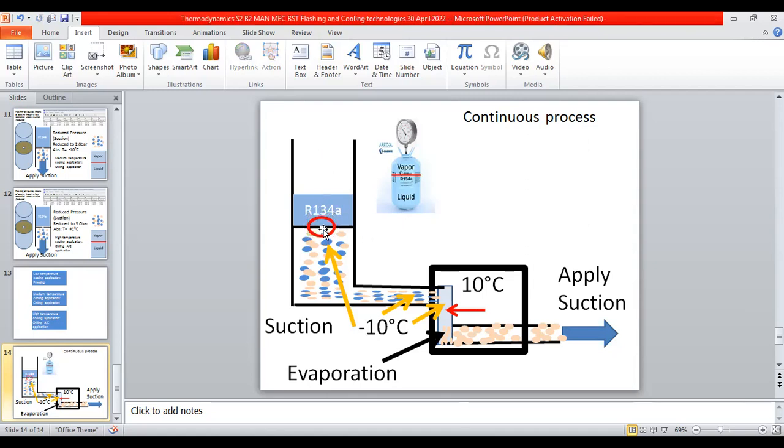Here you can see the flow restrictor, a little tiny passage sealed with liquid up front. So we call this liquid seal.